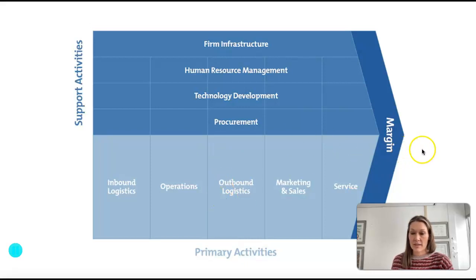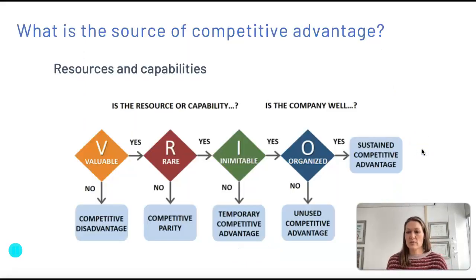Another way of looking at this, instead of thinking about firms in terms of activities, is to think in terms of resources and capabilities. And that's the idea that was introduced by Collis and Rukstad in this week's reading. They introduced the idea of the resource-based view of the firm.